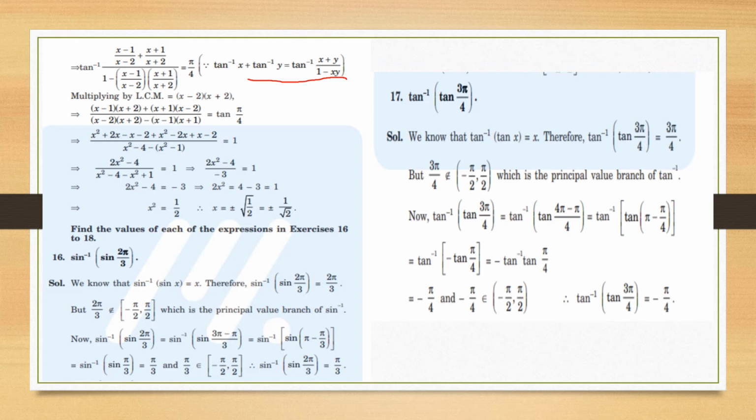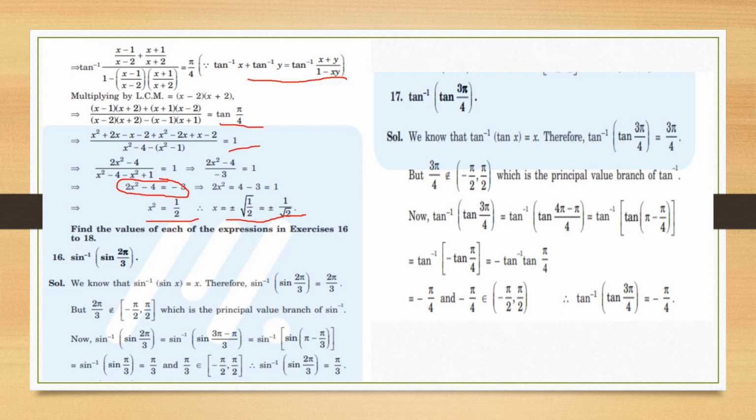So tan inverse will get cancelled on this side, and on the other side I'll get tan pi by 4, whose value is 1. And this expression turns to a quadratic equation like 2x square minus 4 is equal to minus 3. That means I get x square is equal to half, that is x is plus minus 1 by root 2.